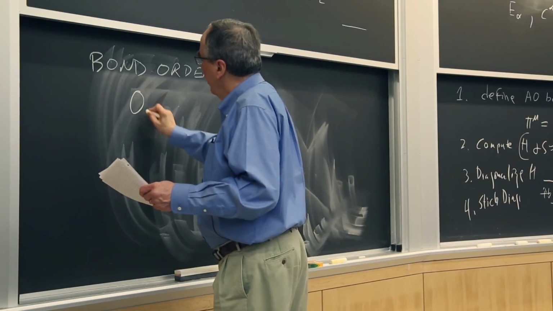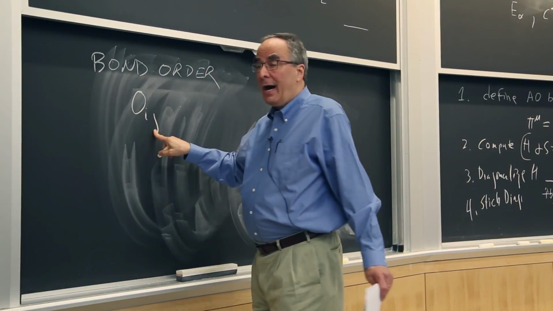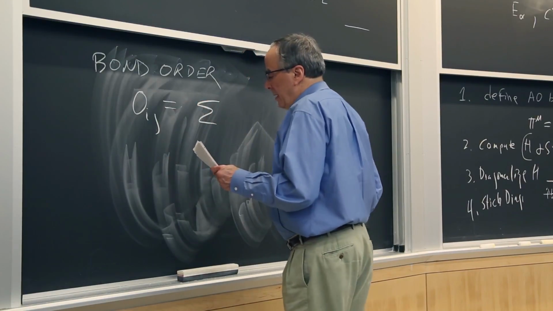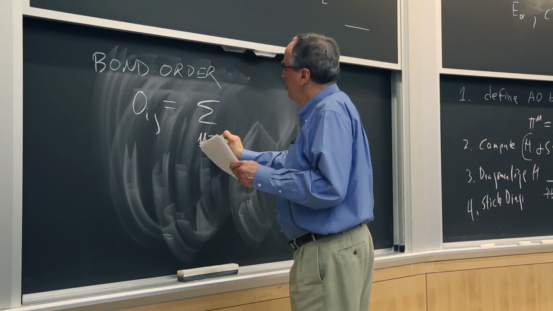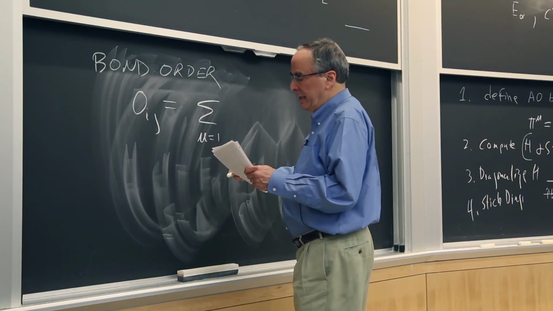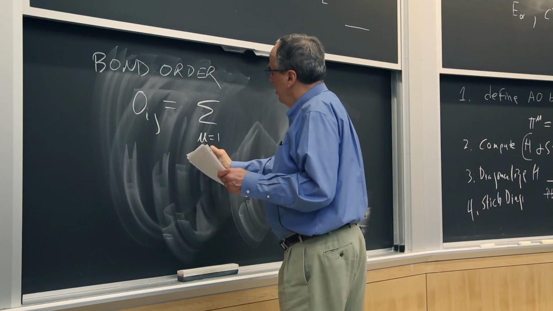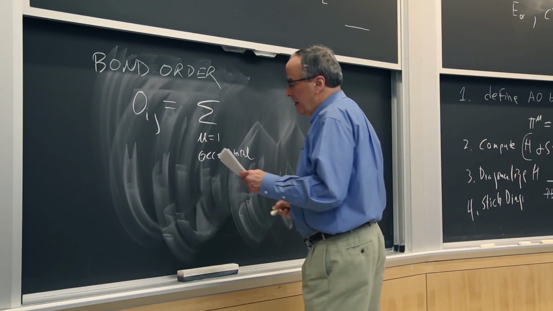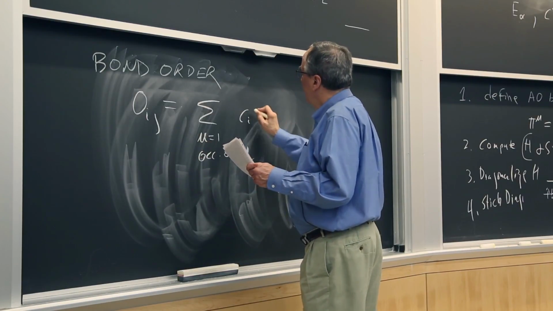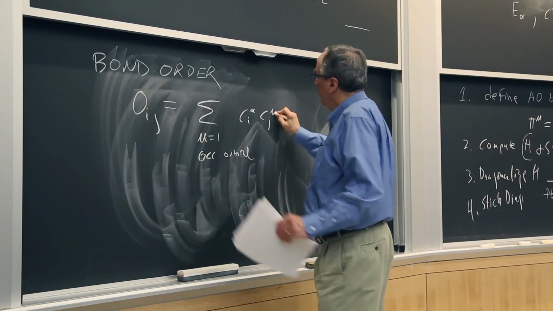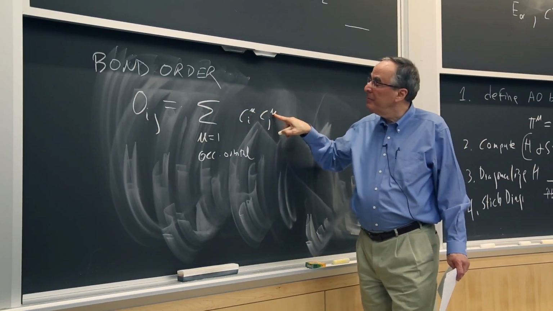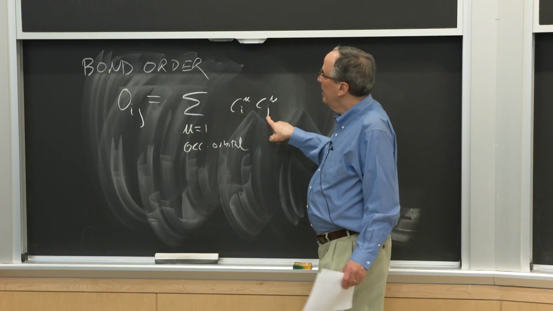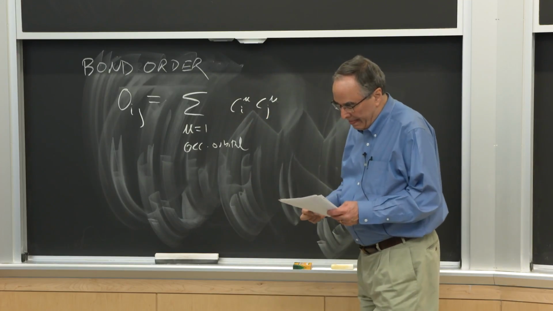The bond order between atoms I and J is equal to the sum for mu equals 1 to the, including only the occupied orbitals, of Ci mu Cj mu. So we have the mu molecular orbitals, and we have the adjacent atoms. And this gives you the bond order.